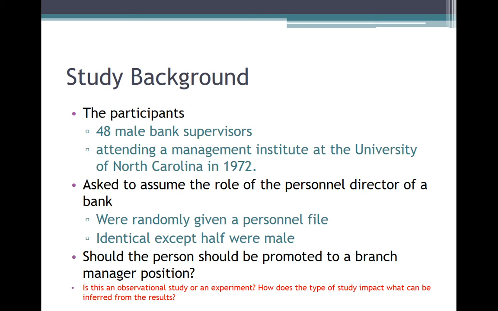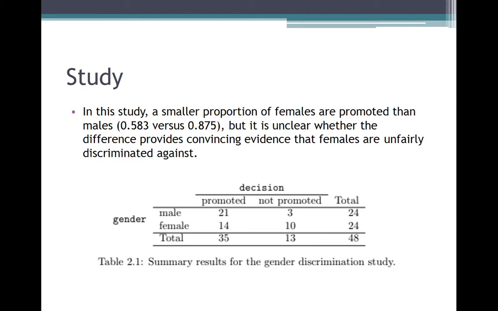Half were male and half were female. Should the person be promoted to a branch manager position? So we talked about, is this an experiment or is this an observation? This is kind of an experiment because we're influencing them with the names. And so what you did was, here was the result, that 21 out of 24 males were promoted, while 14 out of the 24 females were promoted.